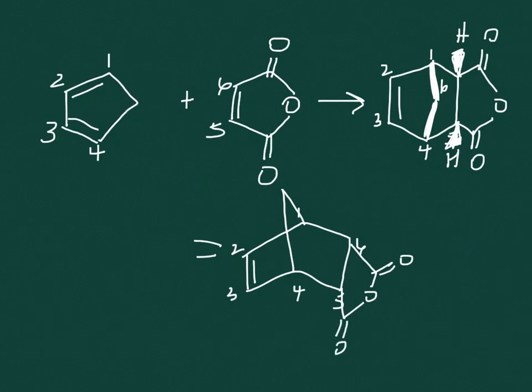And our ring pointing down. And the hydrogens are up. Again, this is the endo conformation. So why do we prefer the endo conformation? Well, let's just break down another example and look at this.